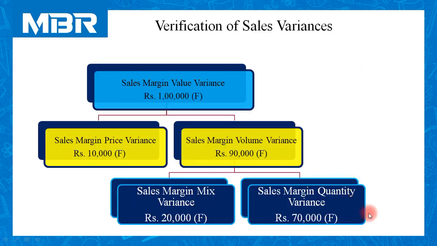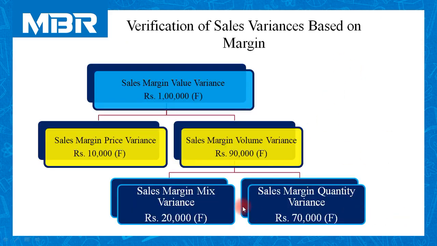Same as sales variance, we can verify all 5 variances based on margin. Sales margin value variance 1 lakh favorable. It is the result of sales margin price variance 10,000 favorable and sales margin volume variance 90,000 favorable.